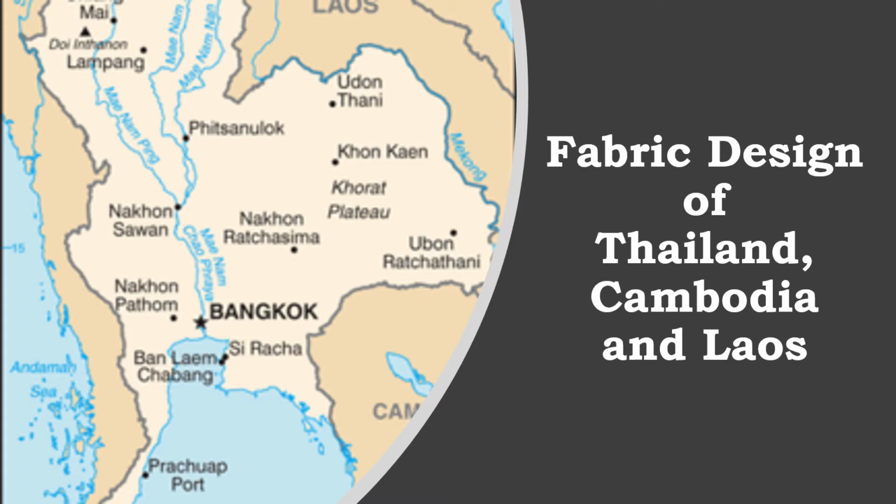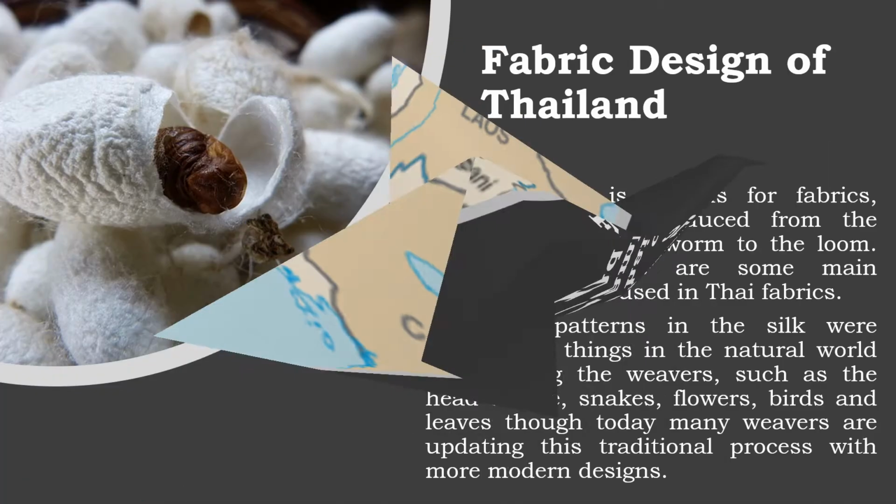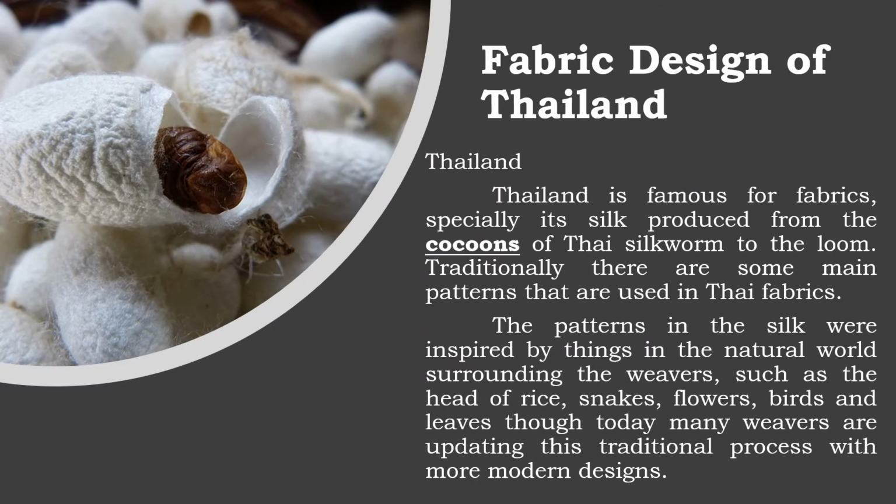Fabric design of Thailand, Cambodia, and Laos. Thailand. Thailand is famous for fabrics, especially its silk produced from the cocoons of Thai silkworms to the loom. Traditionally, there are some main patterns that are used in Thai fabrics.